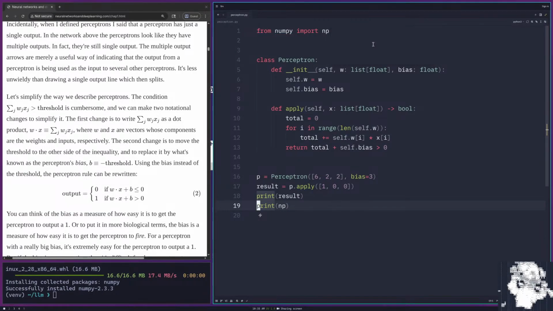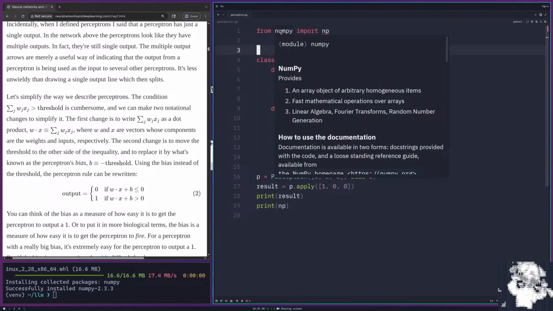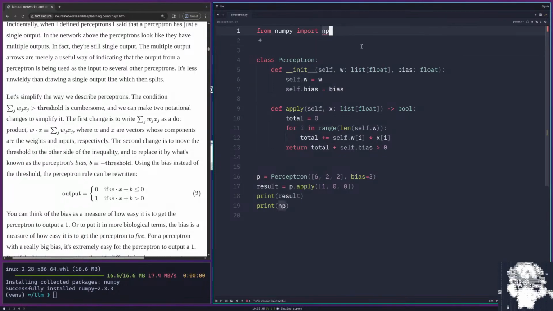So if I switch to this, now it should know what NumPy is. Oh, and obviously this is not how you do it. You do import numpy, and then whenever people import NumPy, they usually rename it np. I guess just because it saves a few characters when you're typing it.